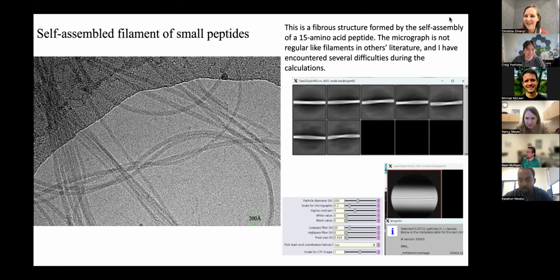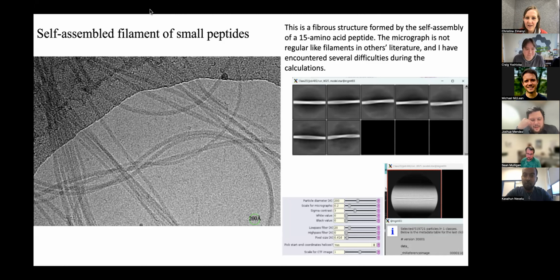Long hours spent on the computer. That's what I see. Yes, the processing will be very manual. It will be a lot of you trying different things to get good classes, trying different strategies for picking the filaments, because one way will work better than the other.